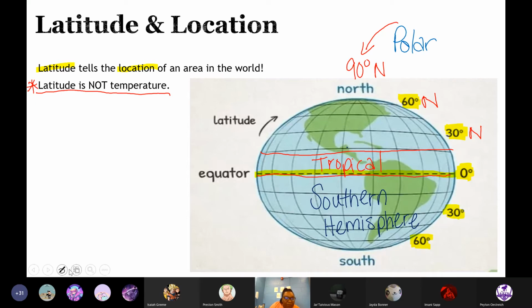And this area here in the middle, does anyone remember? We have tropical, we have polar, and what's that area in the middle? Someone turn on their mic and let us know. Temperate. The temperate region. So we have that temperate region there in the middle.